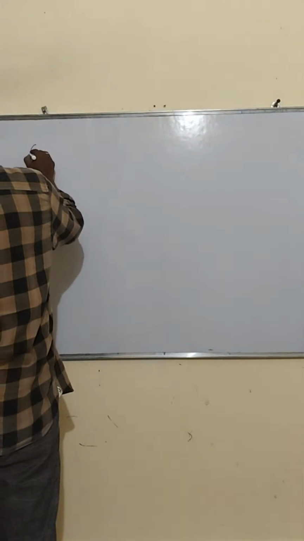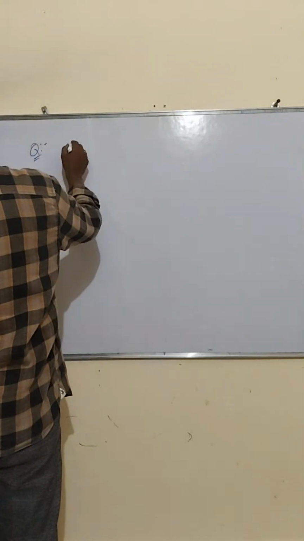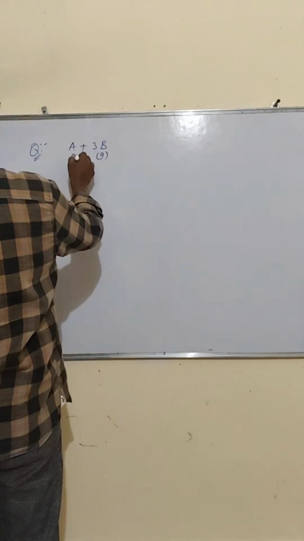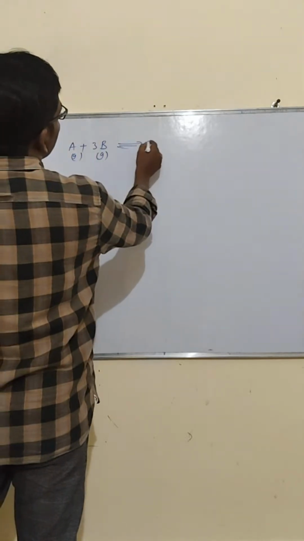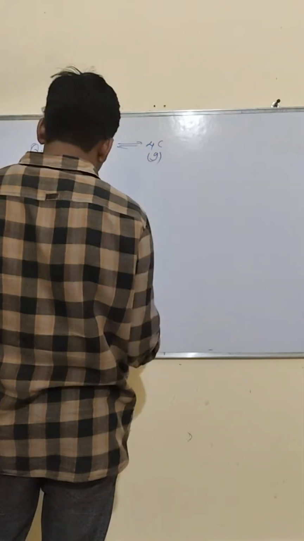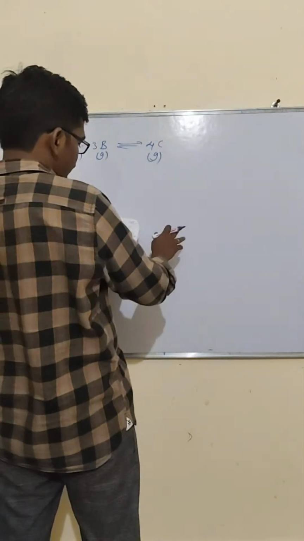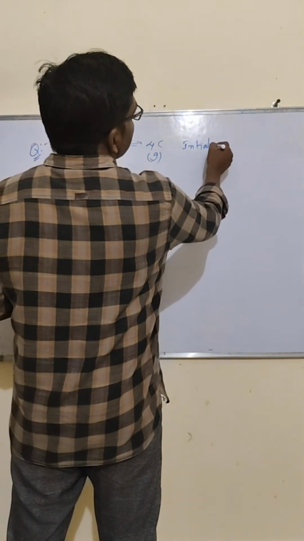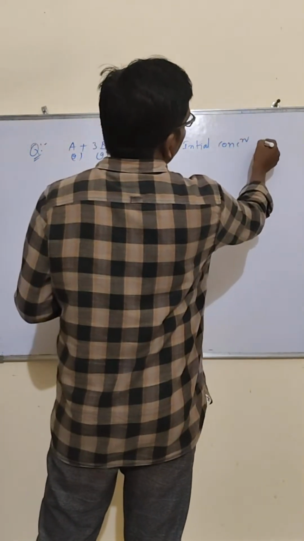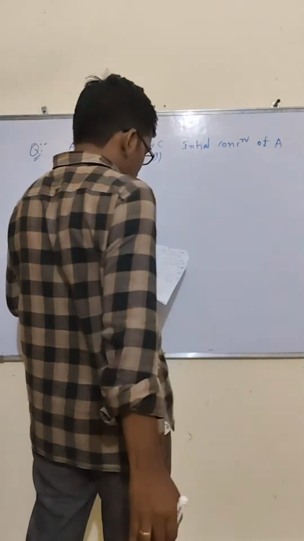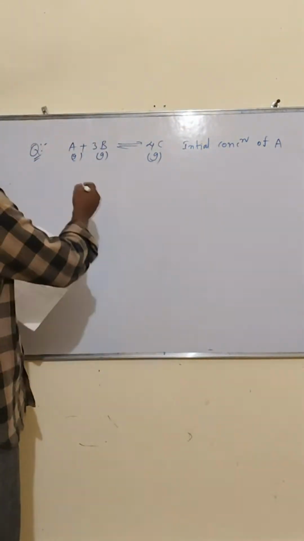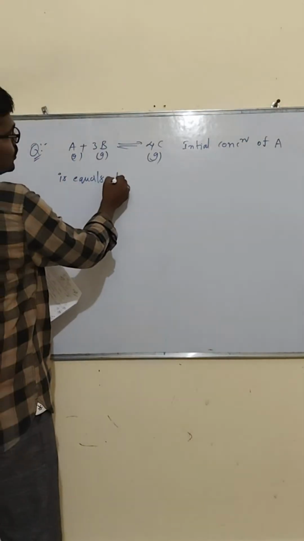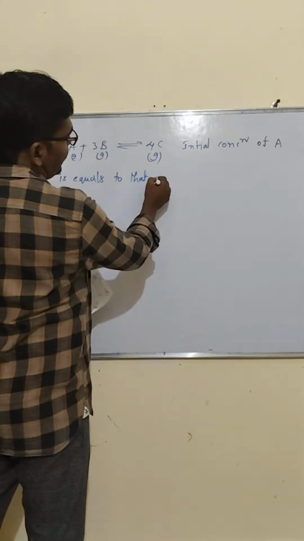The question is: A plus 3B, these are gases. Then 4C, this is also gas. The initial concentration of A is equal to that of B.